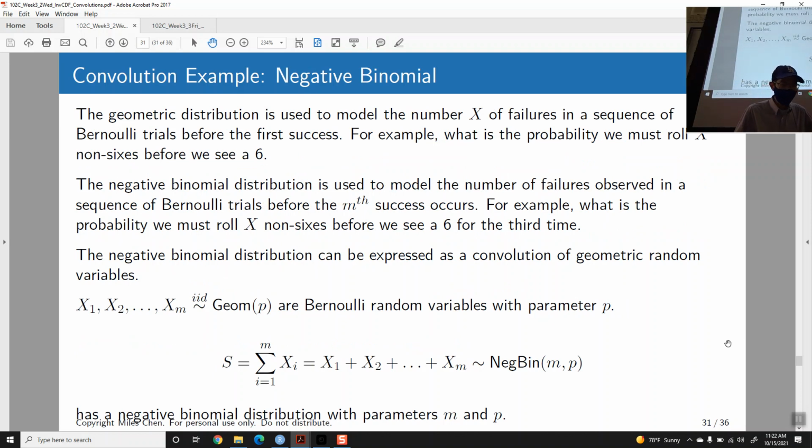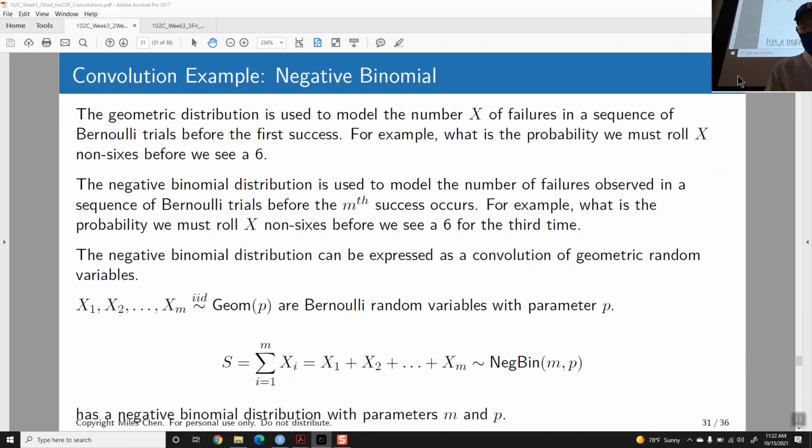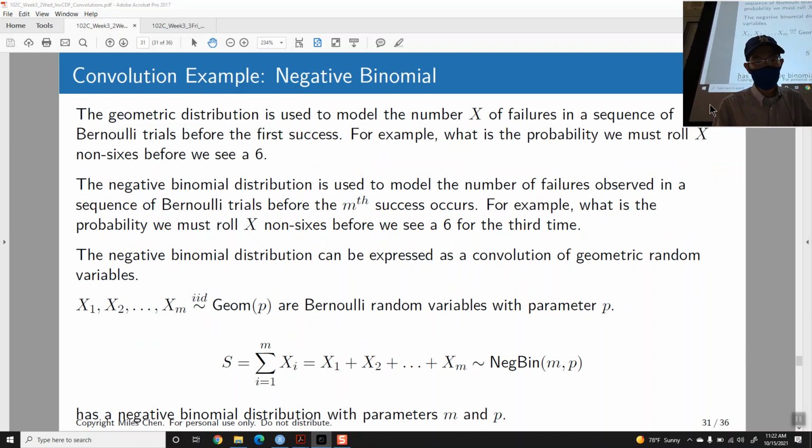The negative binomial distribution, okay? So the geometric distribution is used to model the number x of failures in a sequence of Bernoulli trials before the first success, okay? So for example, what is the probability we have to roll the die 3 times before we get a number 6?